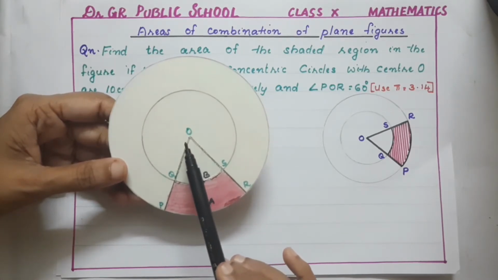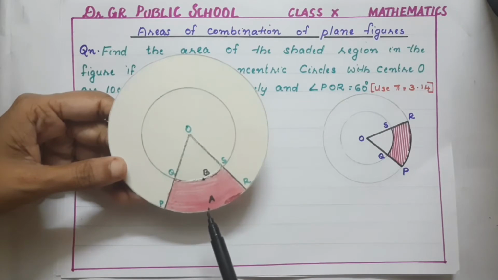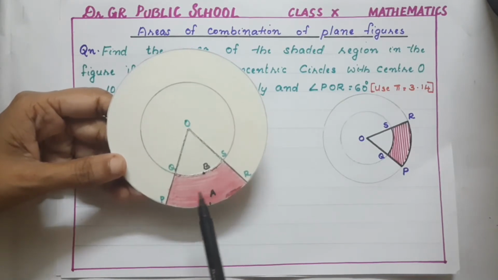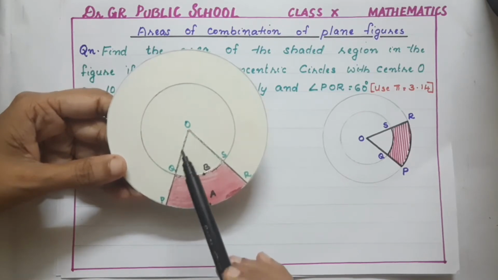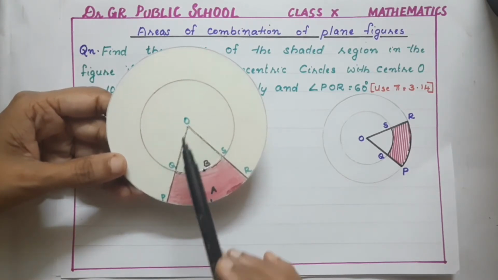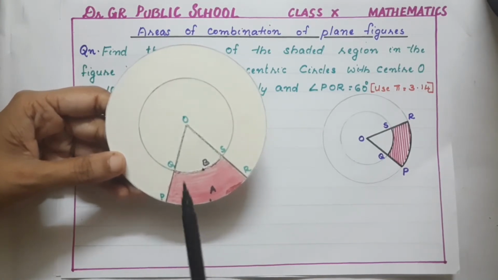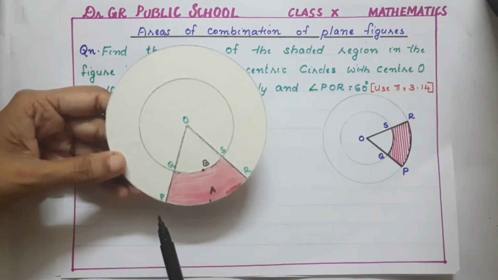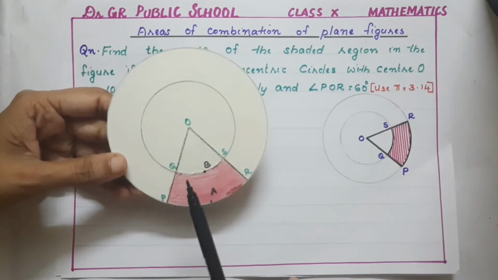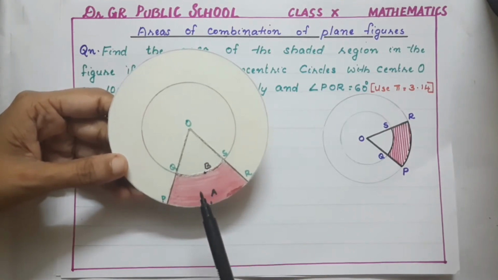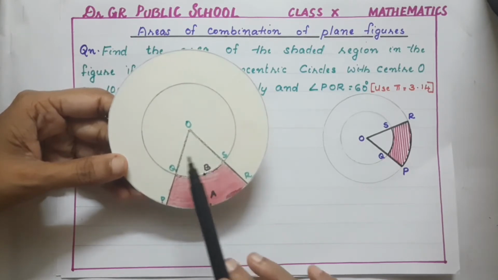Which sector? To name the sector, I took one point here also. So the shaded region is completely inside this sector OPAR. Isn't it? And how will we get this shaded region from this sector region?